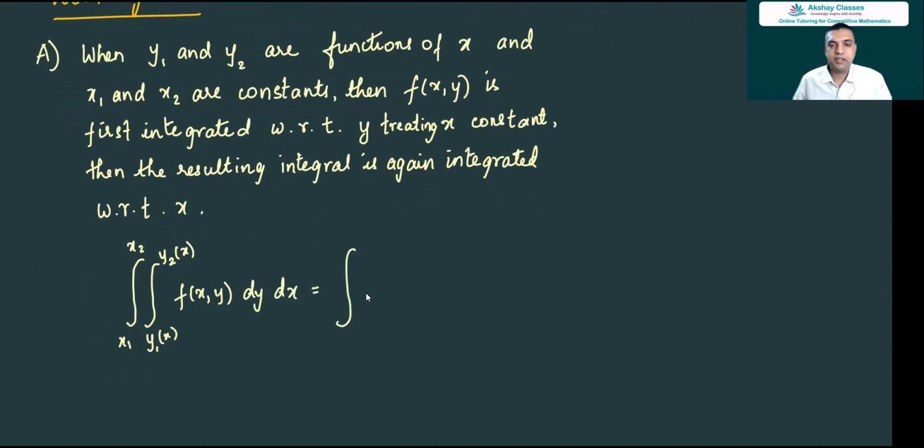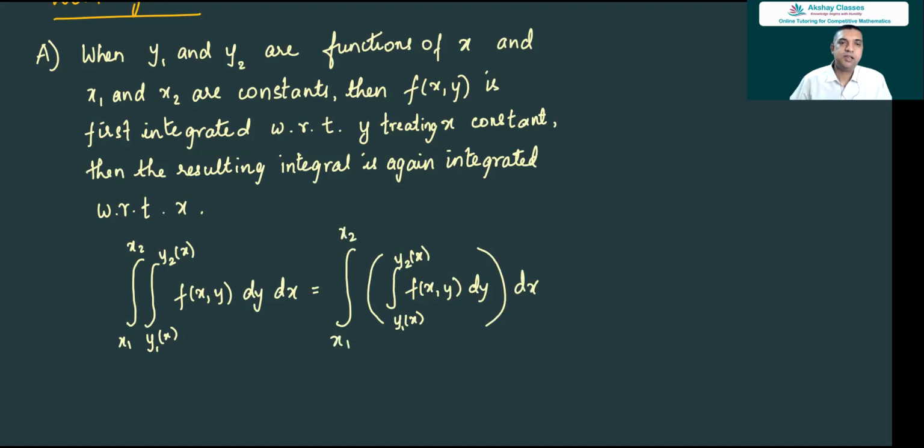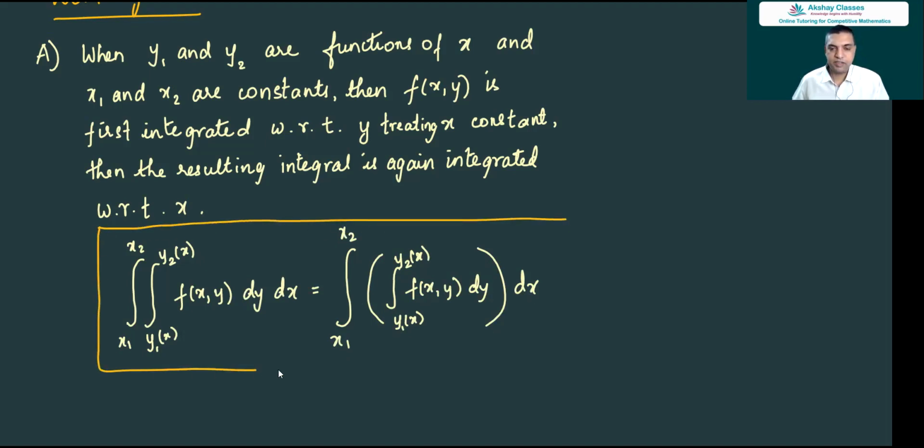The way it is integrated is, first we integrate with respect to y, because the limits of y are in terms of x. And then this is integrated with respect to x. So this is the working rule if x is constant and y is a function of x.